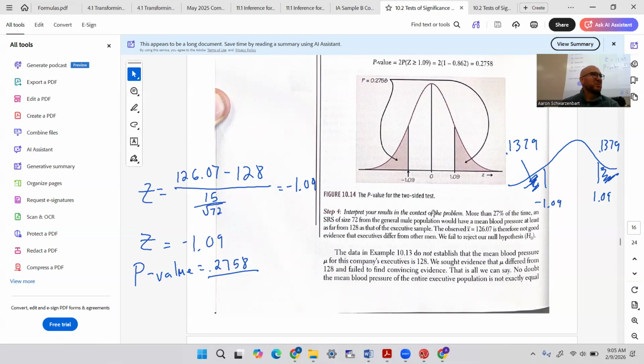See all those details that I put in there? That tells you all the details, whether the person understands it or not. It was also very clear to somebody that doesn't know stats: this company's not different than me.